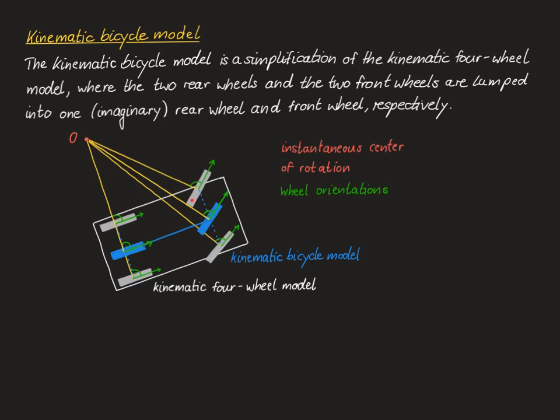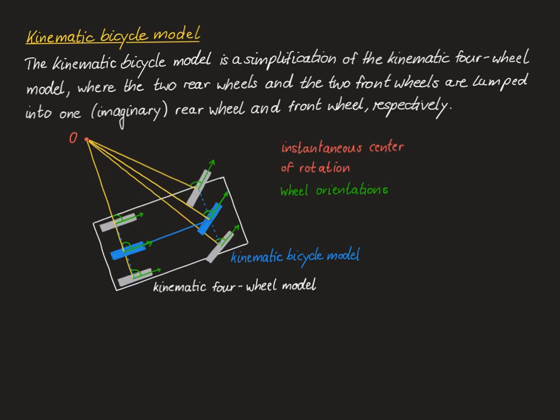So we lump together the left and the right front wheel into one imaginary wheel in the middle between the two. And then we connect these two wheels, and this forms our kinematic bicycle model in blue.